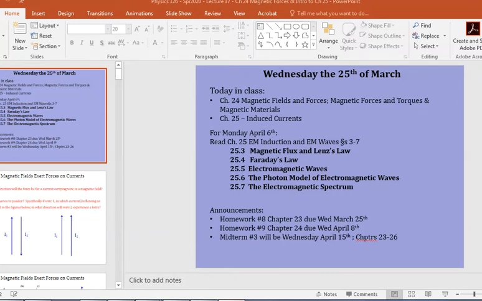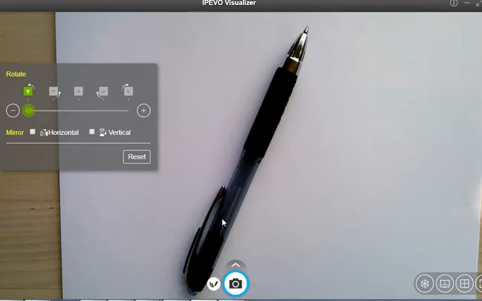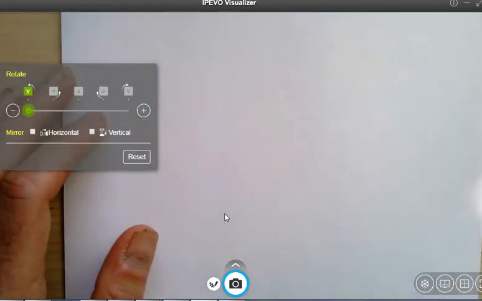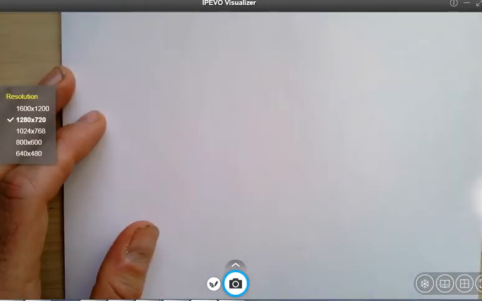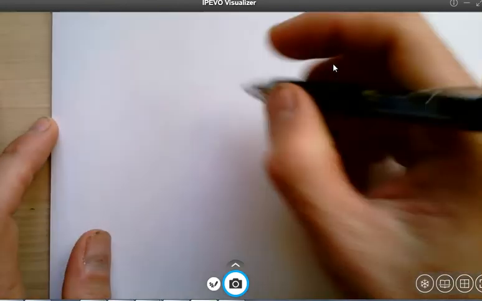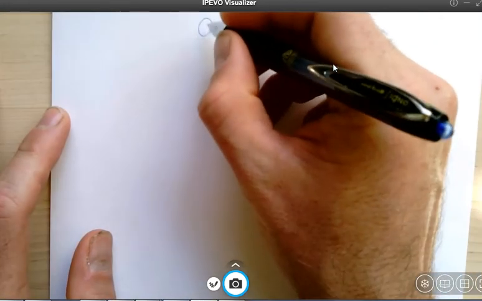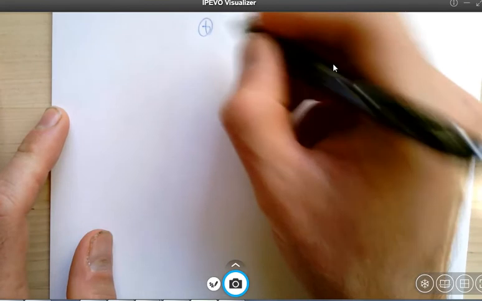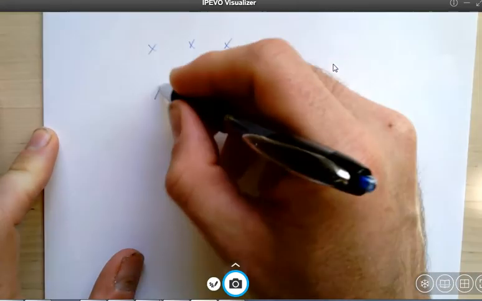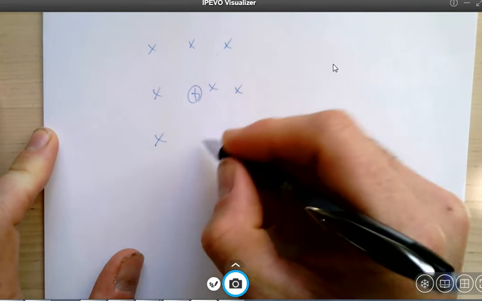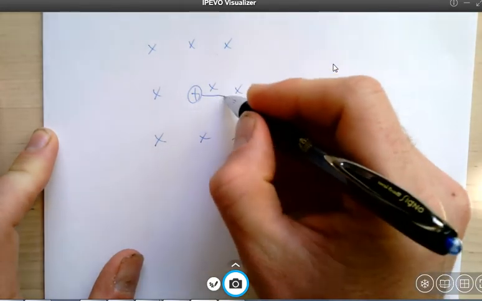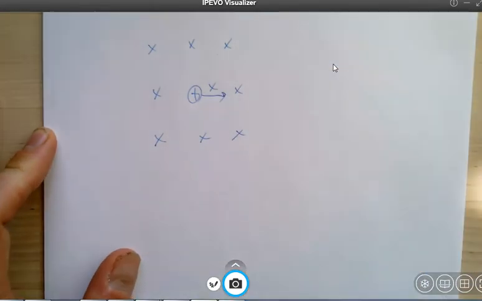Let's go ahead and start with a little bit of a review. We learned from last time that if you have a charge moving in a magnetic field, in this case a magnetic field pointed into the page, we can use the so-called right-hand rule.